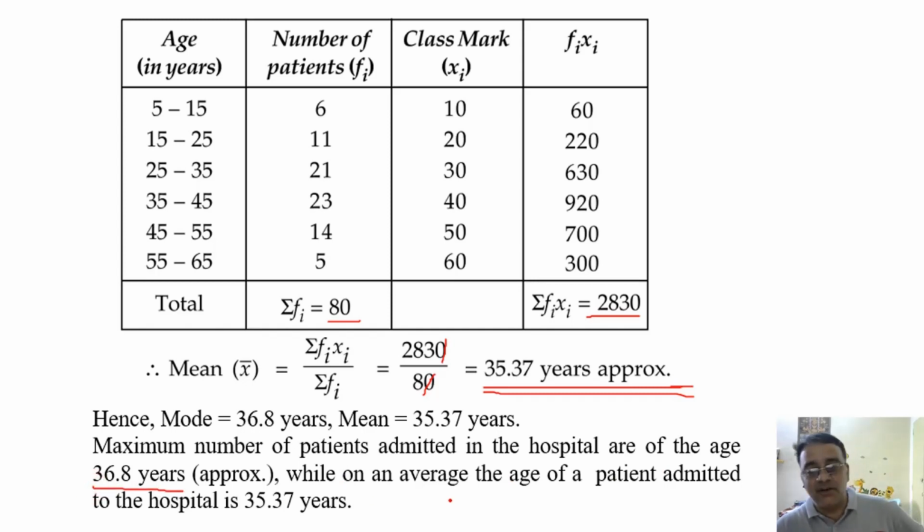Is this clear to all of you? In this way, you have to give your interpretation. The maximum number of patients admitted in the hospital are of the age 36.8 years approx, that is the mode. While on an average, the age of patients admitted to the hospital is 35.37 years, that is the mean. Is this clear to all of you?